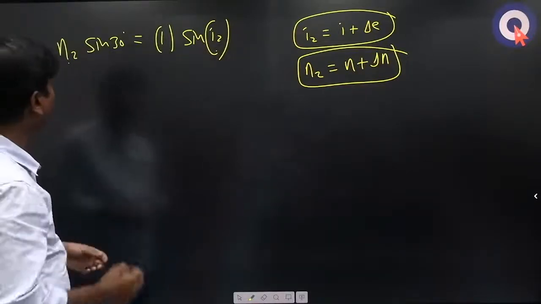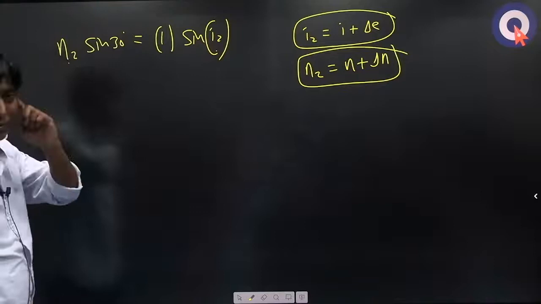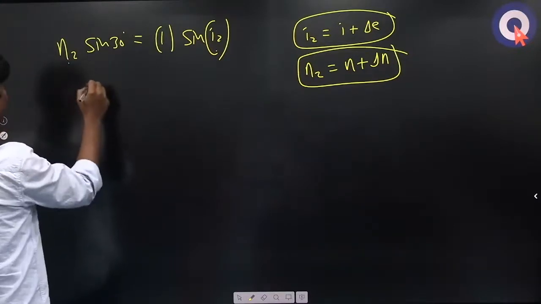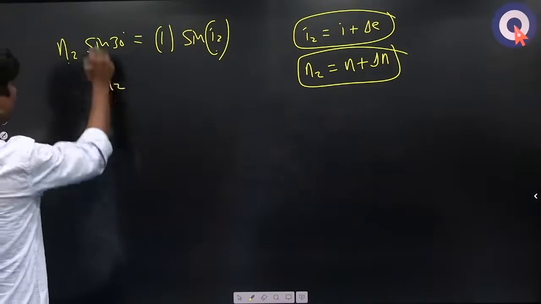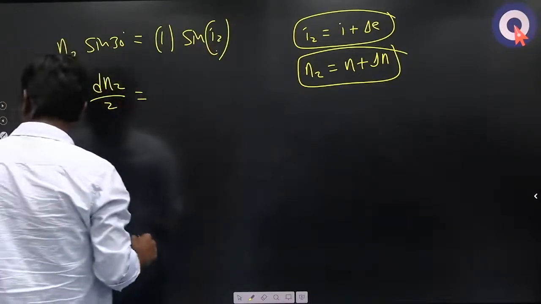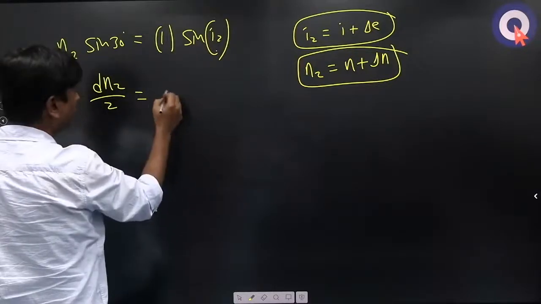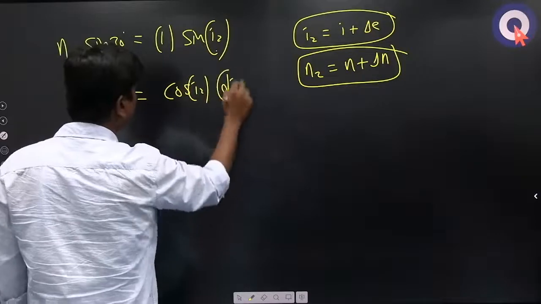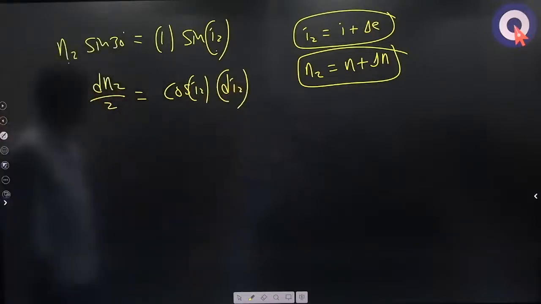So simple. What we do is just differentiate on both sides. Sin 30, which is 1 by 2, into d of N2 is equal to the differentiation of sin I2, which is cos I2 into d of I2, right?